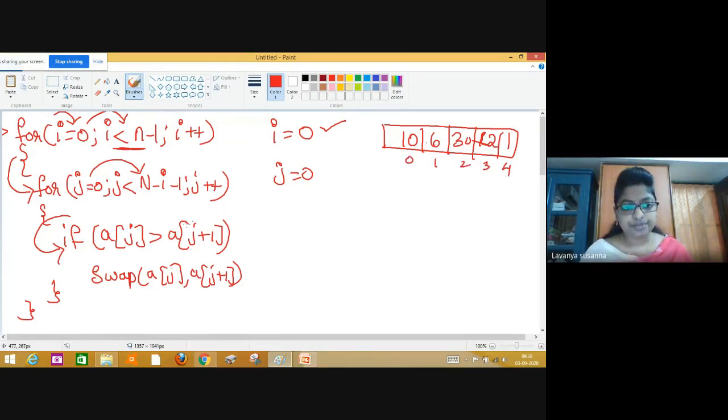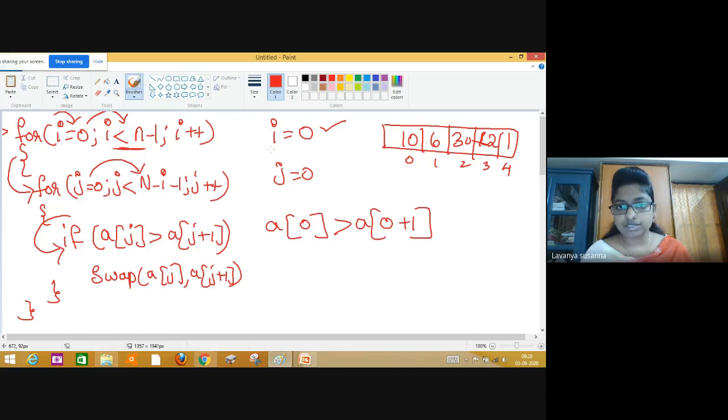Now let us see A of j. A of j means index 0. A of j greater than A of j plus 1, where j plus 1 means 0 plus 1.